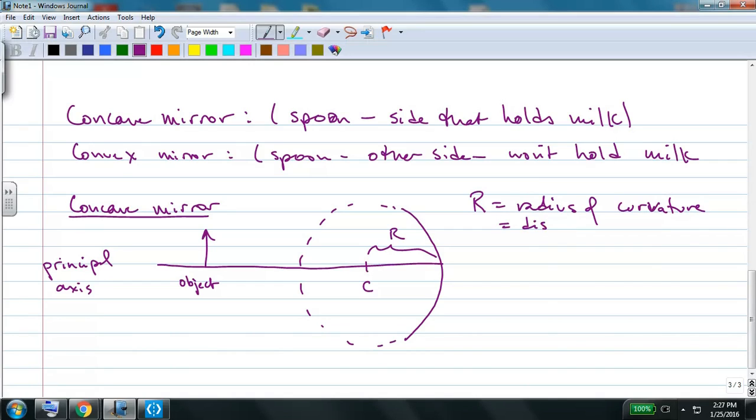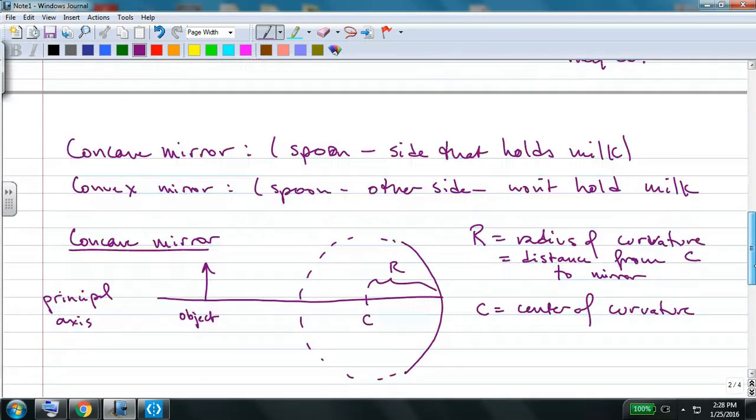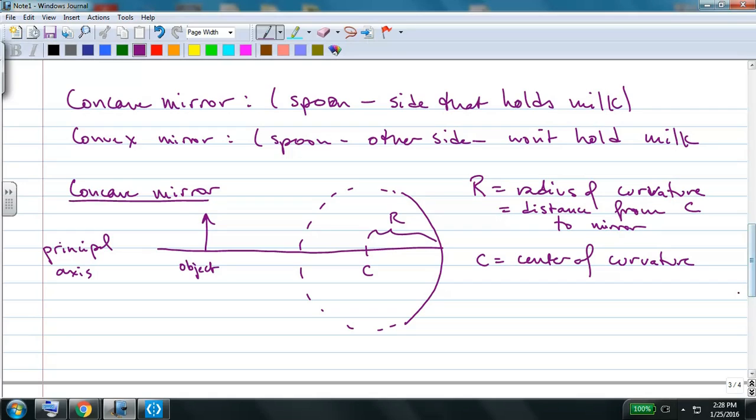And it is the distance from C, which is the center of curvature, so distance from C to the mirror. All right, you with me? Hopefully. If not, pause. If you need to go back, that's the beauty of videos, you can go back.